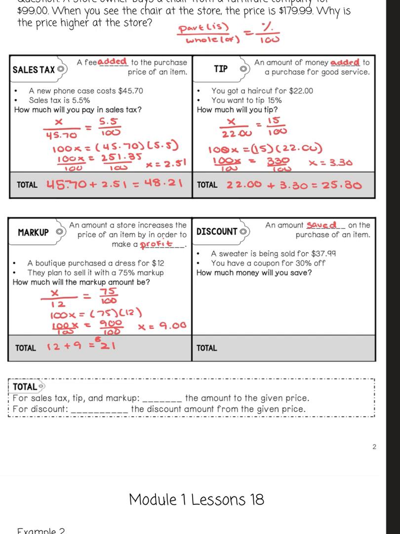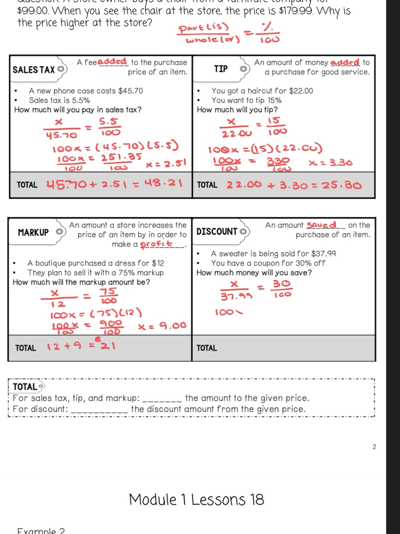So therefore, we're going to be saving money here. Again, we're looking for how much of that discount is. We know that the sweater is $39.99. We know that our percent is 30, and it's out of 100.